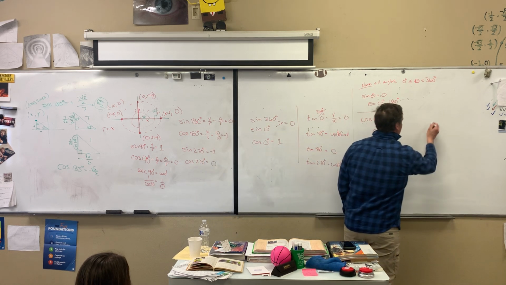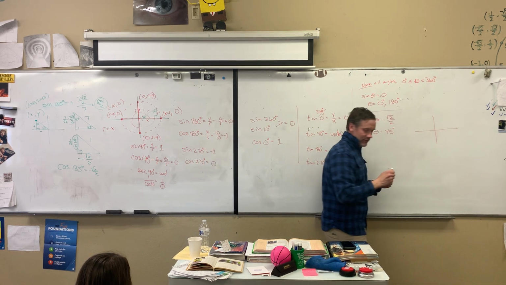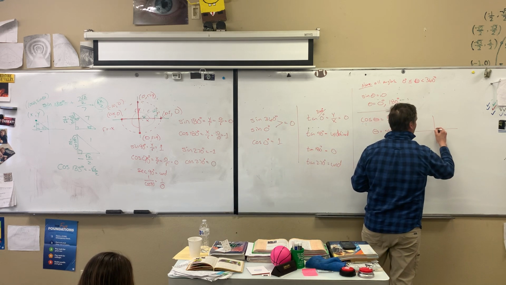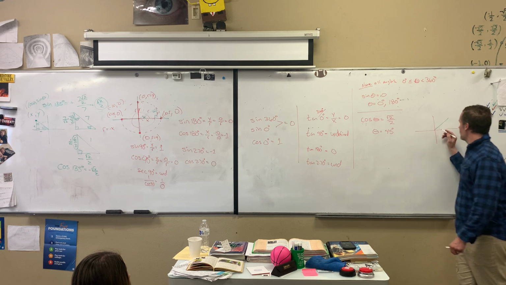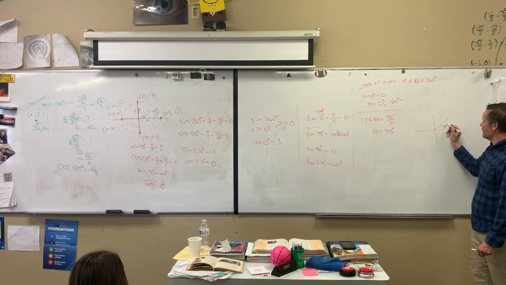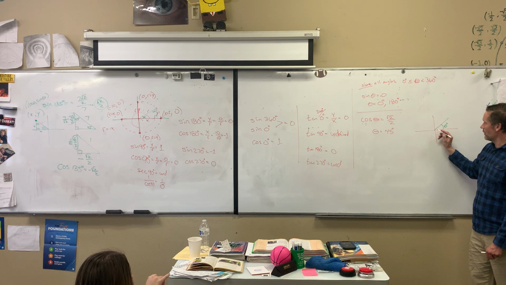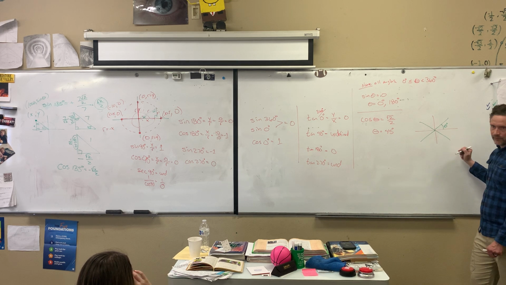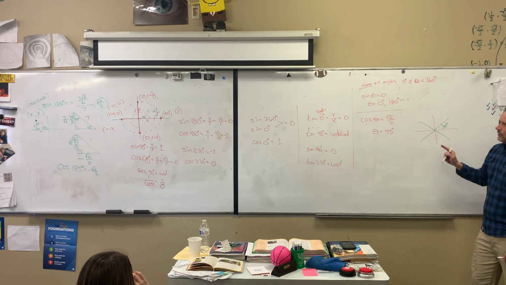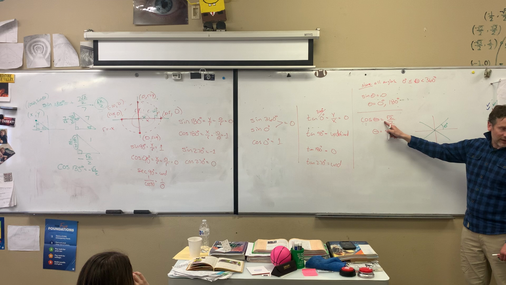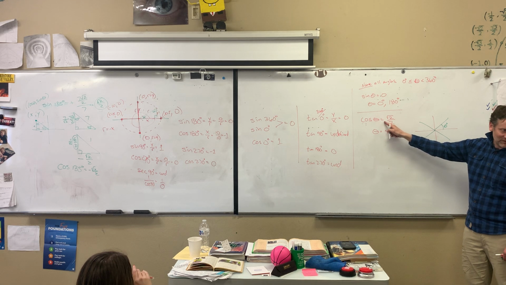Let's look at a picture here. 45 degrees refers to how many spots? This reference angle of 45 degrees refers to how many different spots? Here, and here, and here, and here. However, how many spots is cosine theta equal to a positive root 2 over 2?